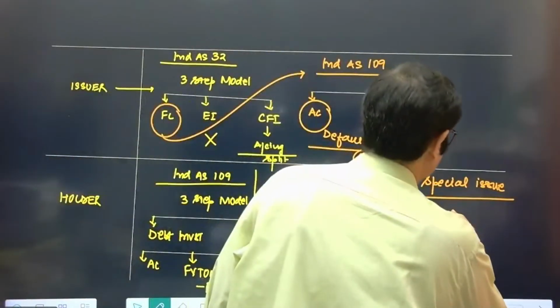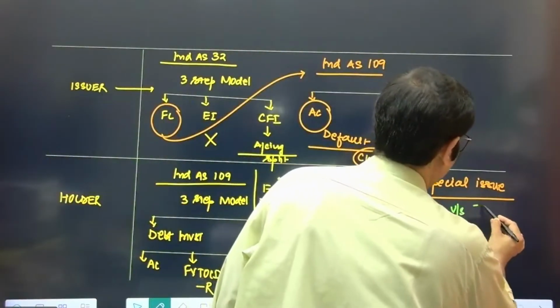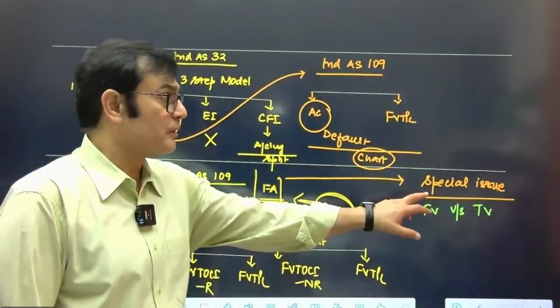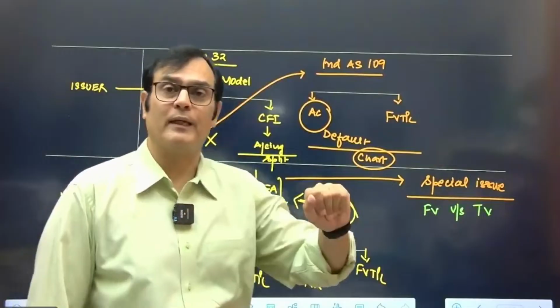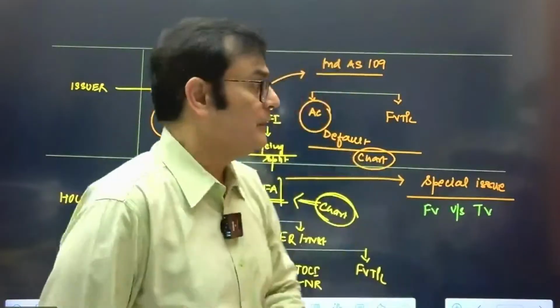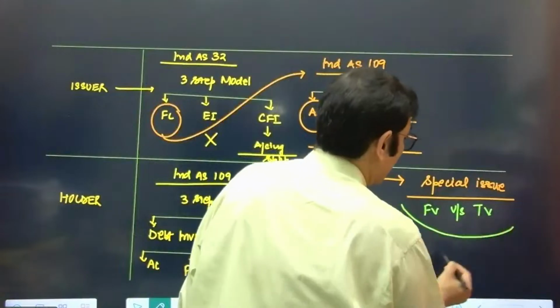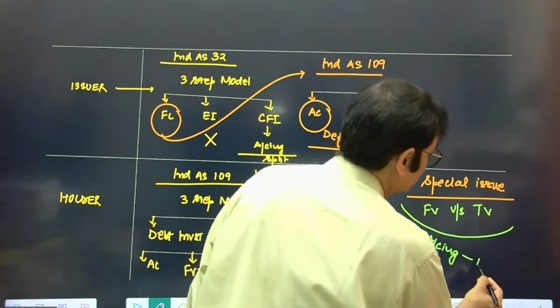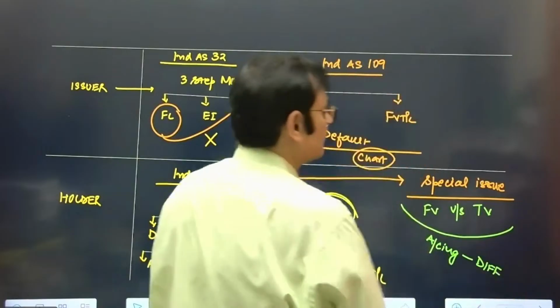That if there is a difference between a fair value and a transaction value, as we said, financial assets are initially measured at fair value. So we need to understand how we do the accounting for the difference between the fair value and the transaction value.